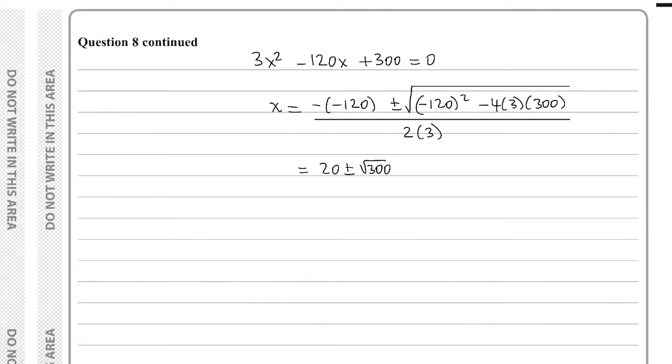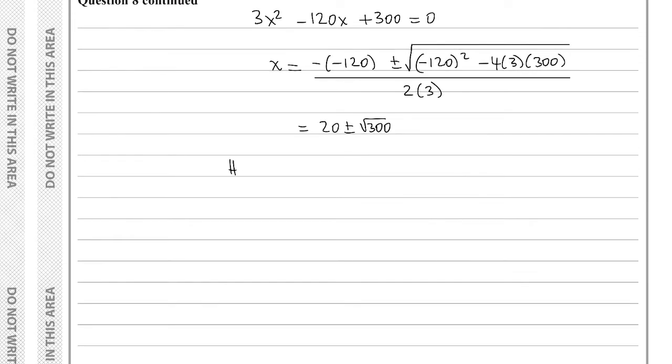We need to pick the furthest horizontal distance. So hence 20 plus root of 300, we can give this as 37.3 meters. Don't forget to include the units.